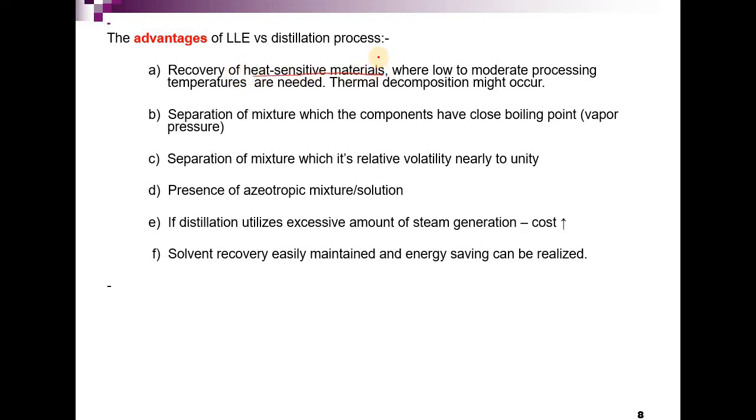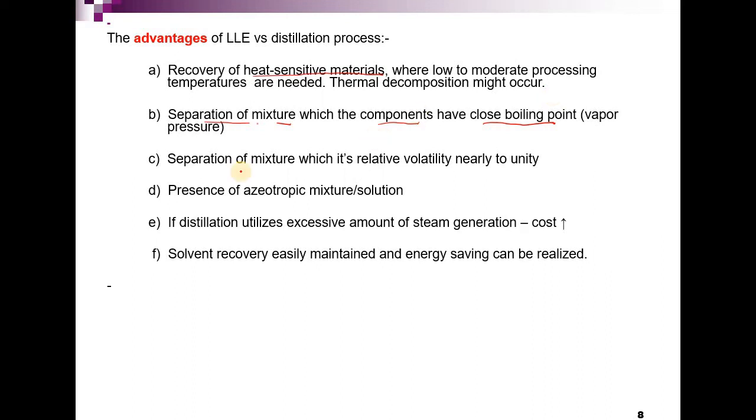For example, if we are dealing with a pharmaceutical product that cannot be heated, very sensitive to heat, we can use liquid extraction. Next, if we have a mixture we want to separate and the components have close boiling points, we cannot use the distillation process. The alternative is liquid extraction.